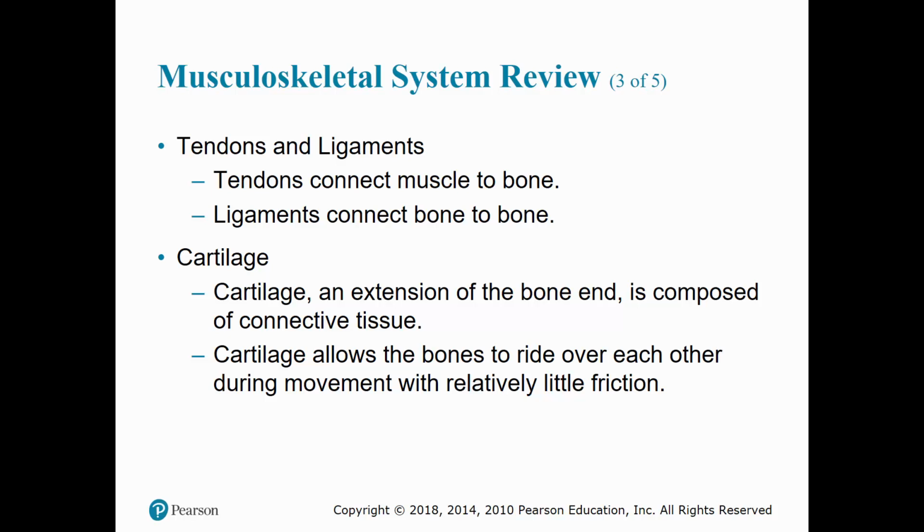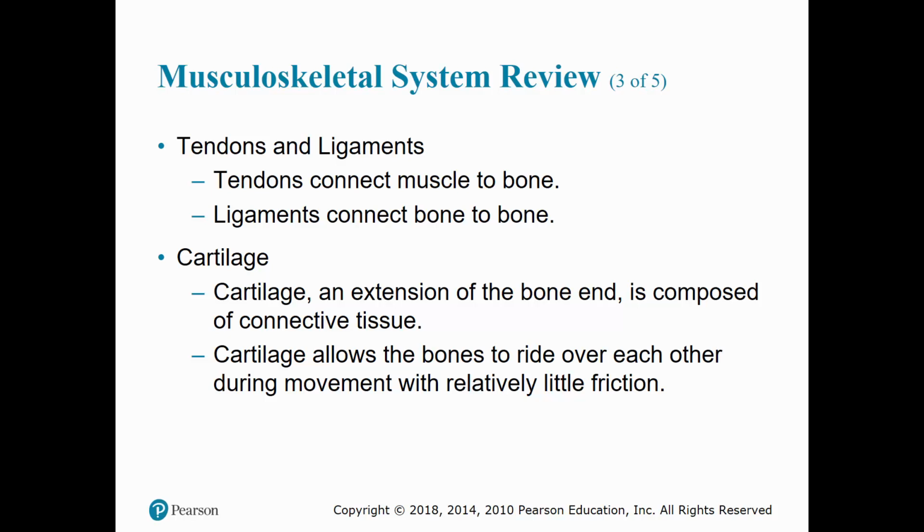Tendons connect muscle to bone, and ligaments connect bone to bone. Now, your cartilage acts as a shock absorber between bony surfaces, so that as you're walking, for example, the cartilage in your knee ensures that your femur and your tib-fib aren't rubbing against each other.